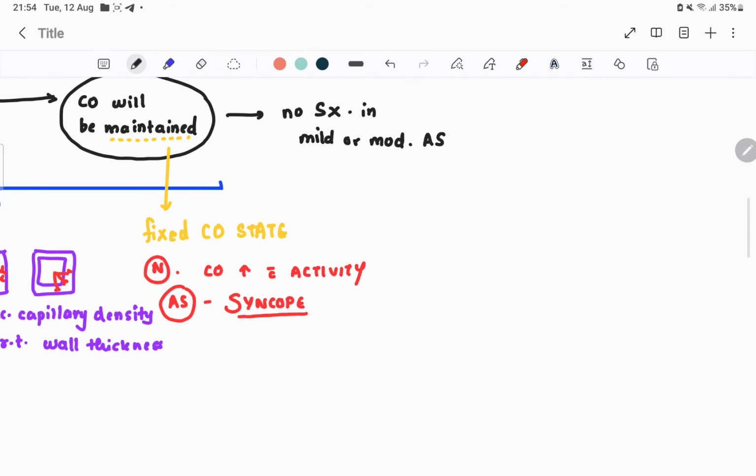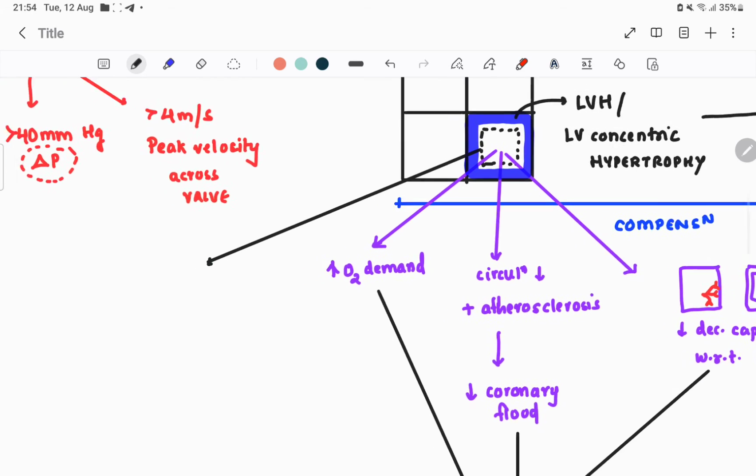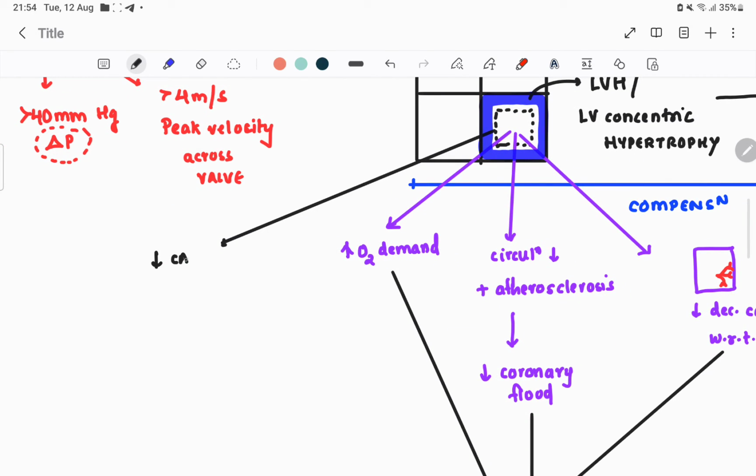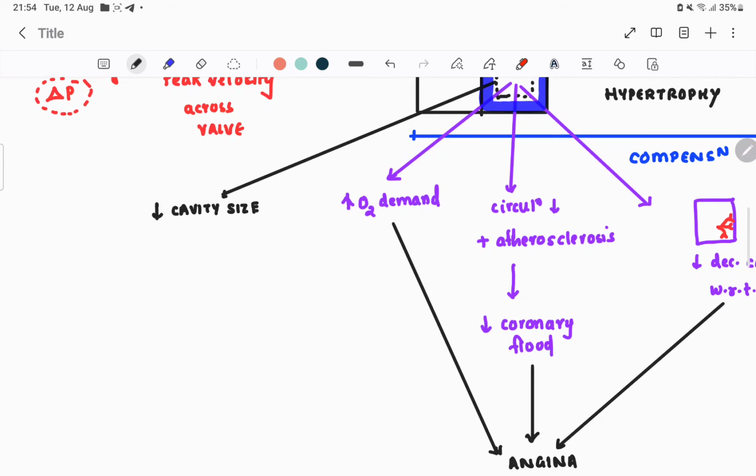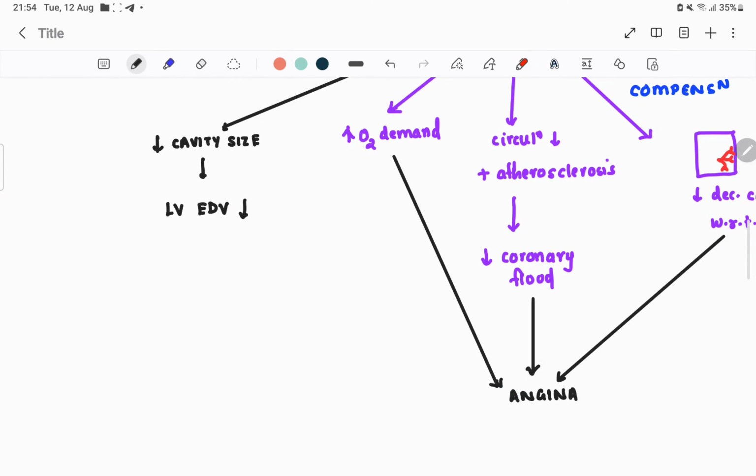Now the cavity size of the heart is decreased. Look at this, there is a decrease in cavity size, which means that the left ventricular end-diastolic volume will decrease. Whenever volume decreases, pressure increases.